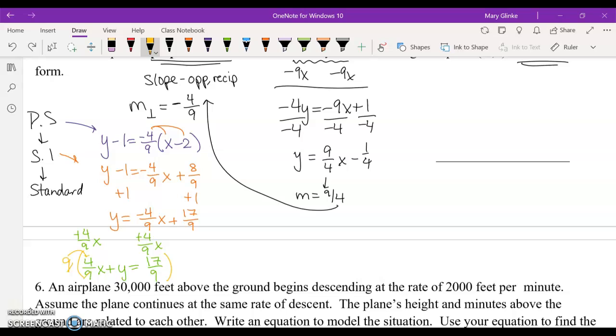When I multiply the first fraction, it actually cancels out the denominator, so my a value is just 4x. I'm going to distribute the 9 to the y, and then I'm also going to distribute the 9 to the 17/9, which once again cancels out that denominator. So my final answer in standard form is 4x plus 9y equals 17.